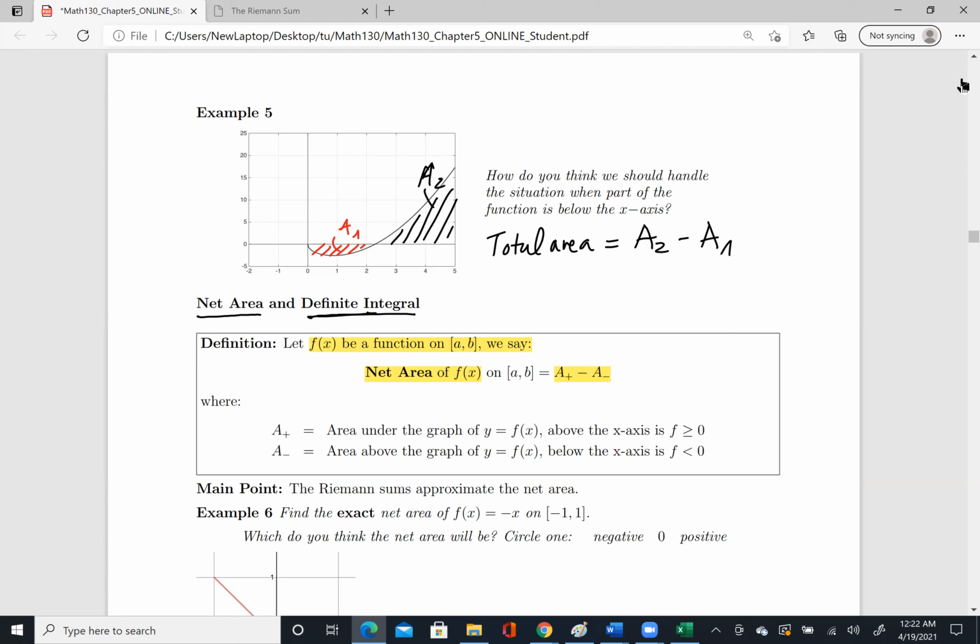Remember that A positive is the area under the graph of y equals f(x) that is above the x-axis, and A negative is the area above the graph of y equals f(x) but below the x-axis.